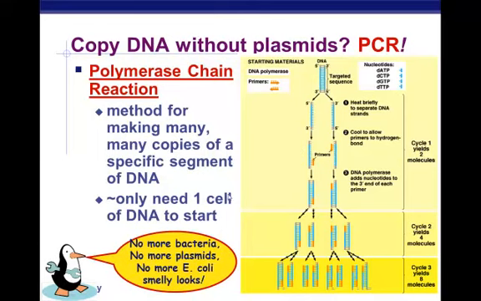We only need one cell to get the DNA, and then use the PCR machine to make multiple copies. We copy the copies, make copies of the copies, and in a very short amount of time we can have huge copies of a piece of DNA that allows us to do analysis in electrophoresis.